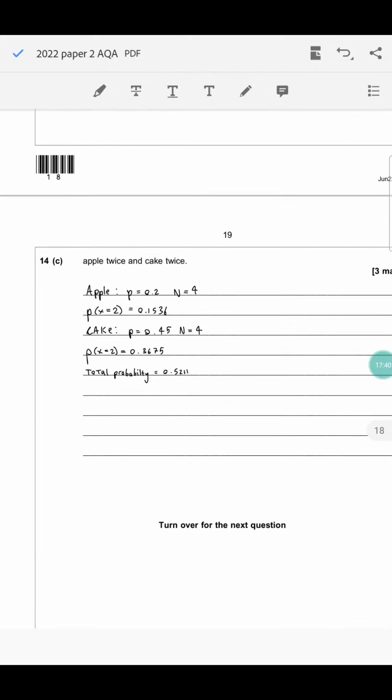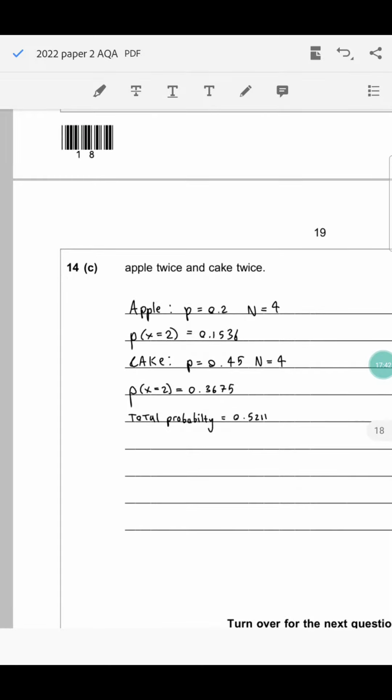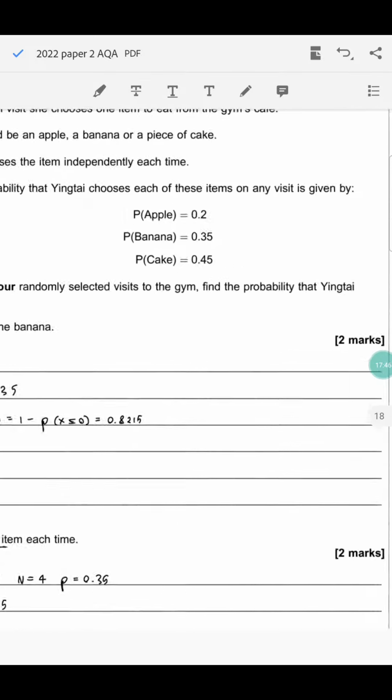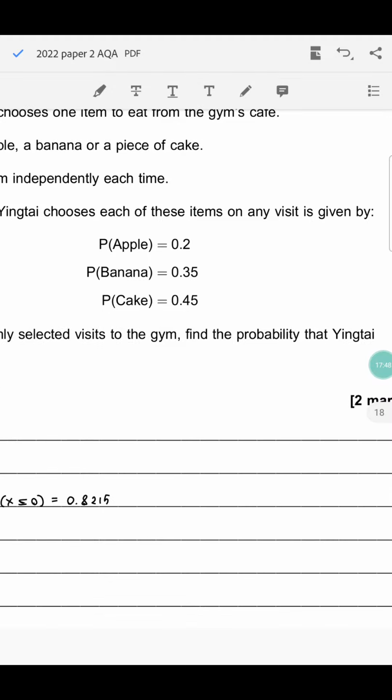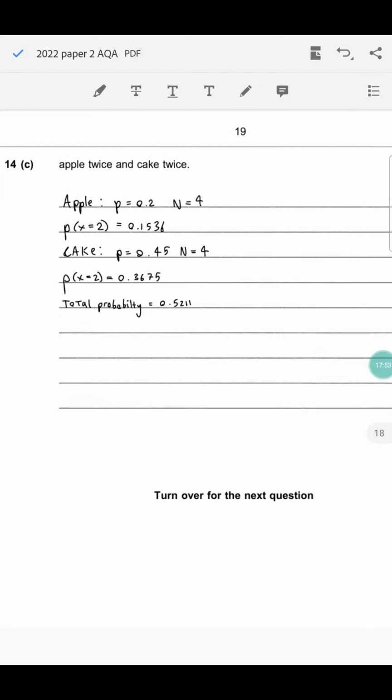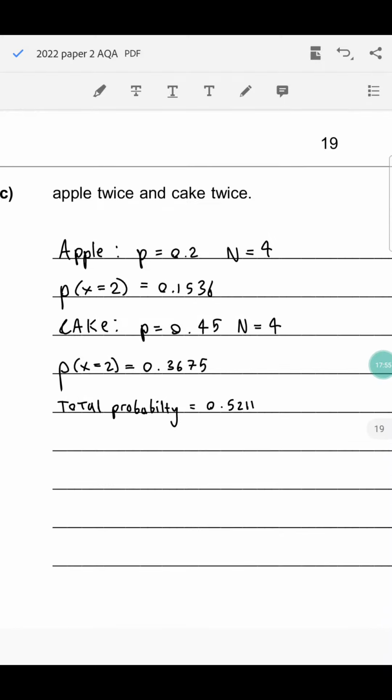Now 14c, it says an apple twice and a cake twice. Now we know from before the probability of an apple is 0.2 and for a cake is 0.45. So we just do the same thing. Our number of trials is still constant, because to get an apple twice and a cake twice, it's going to be 2 and 2, and 2 and 2 add up to 4.